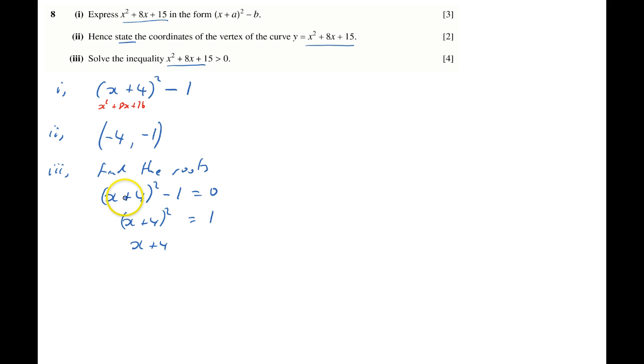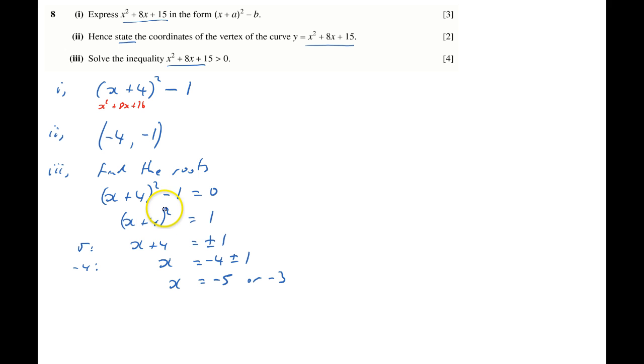So x plus 4 equals, square rooting both sides, the square root of 1 is plus or minus 1. And then take away 4, that gives me x equals minus 4 plus or minus 1. So x equals minus 4 minus 1 is minus 5, or minus 4 plus 1 is minus 3.